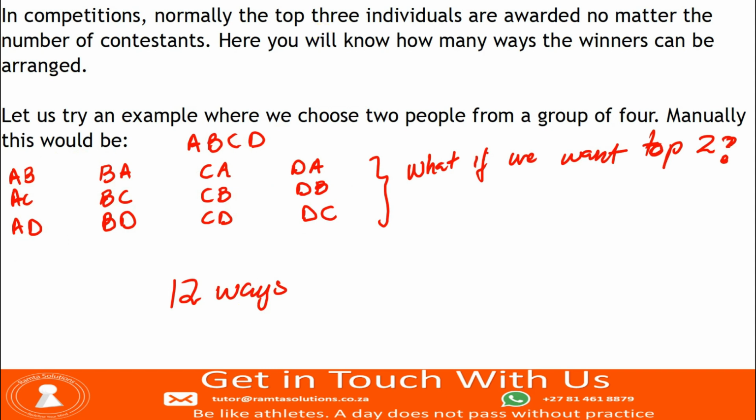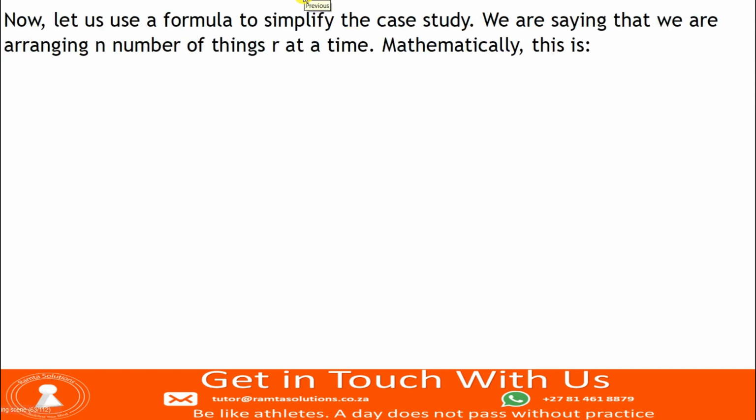Now, what you have seen is this. Manually we were able to show this, but now I want to simplify this case. We are saying that we are arranging n number of things, r at a time. What do I mean by that?